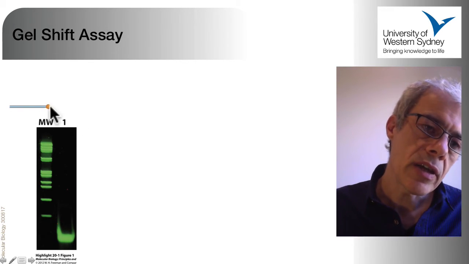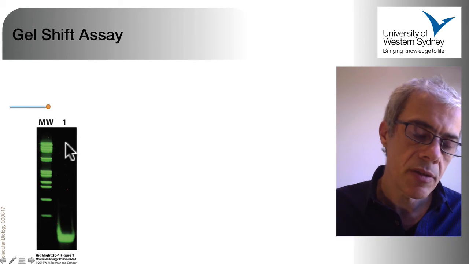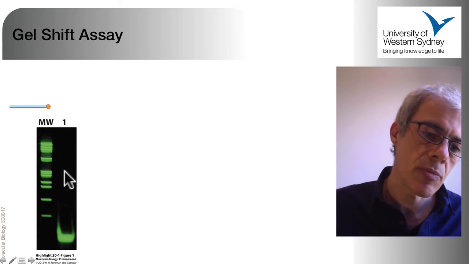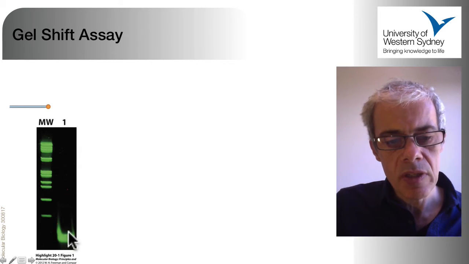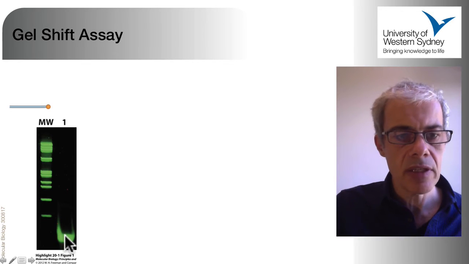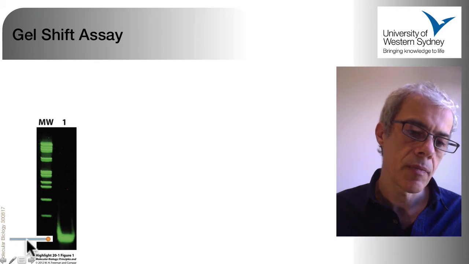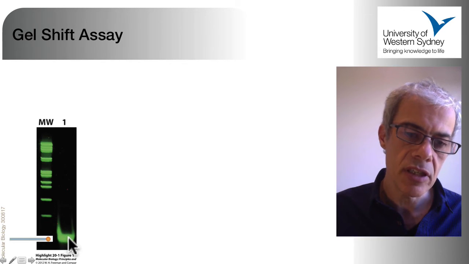So effectively the gel shift assay uses an agarose gel or a polyacrylamide gel, some sort of matrix to separate out the DNA. You run your DNA against a marker and you know that's where your DNA runs. So effectively you electrophorese your bit of labeled DNA and it has a certain position in the gel.